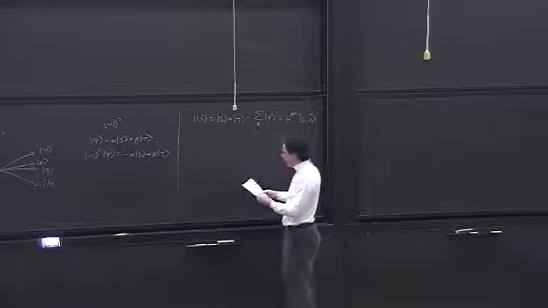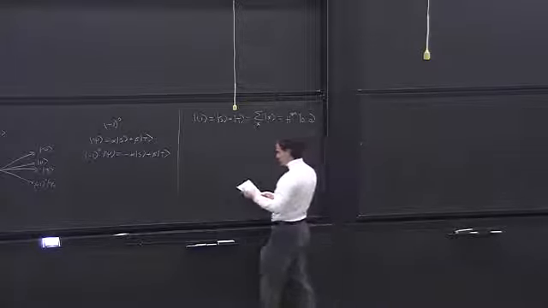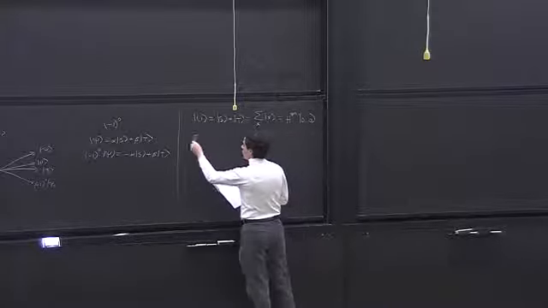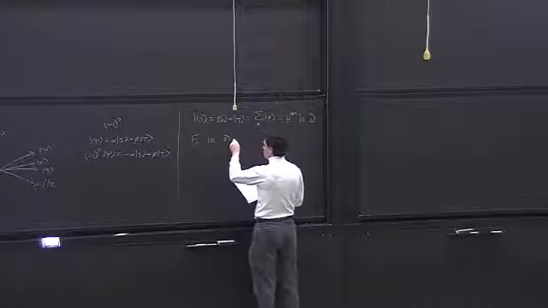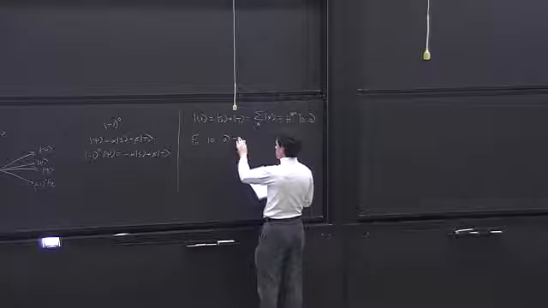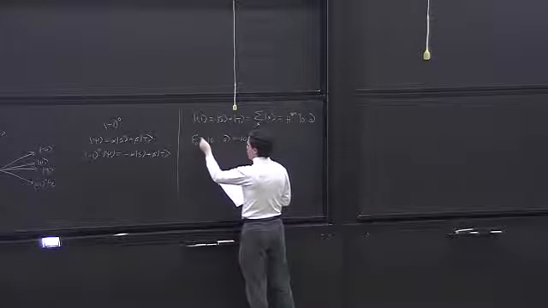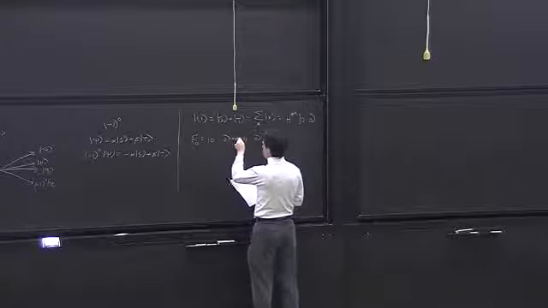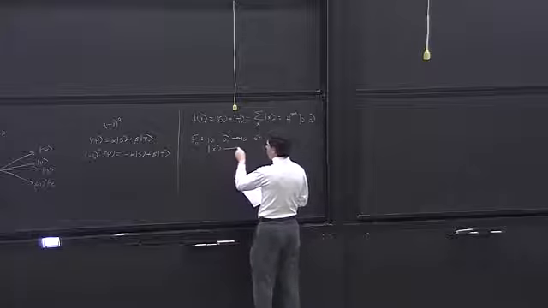Well, we can reflect over the all zeros state with the following operation. And it'll take anything else to minus x.